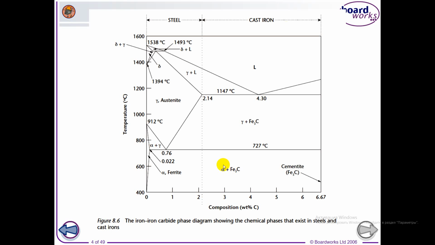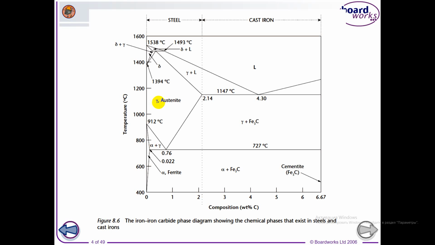At 727 and before 912 degrees, the alpha ferrite transforms to gamma austenite, or gamma iron, which has an FCC structure.